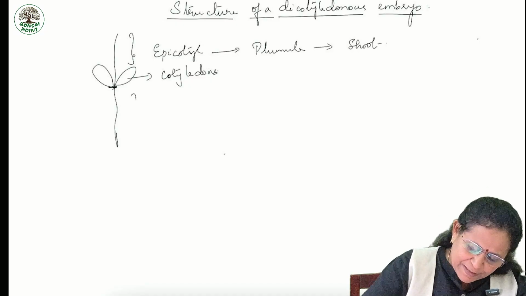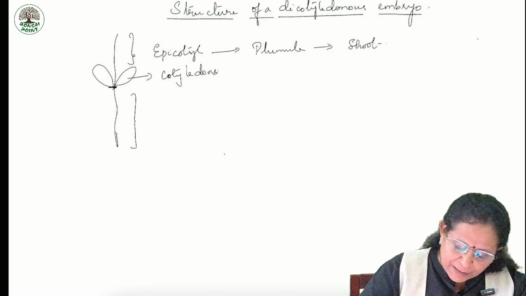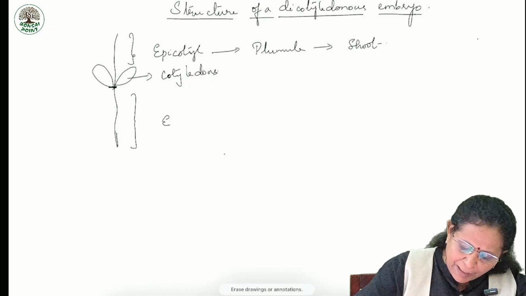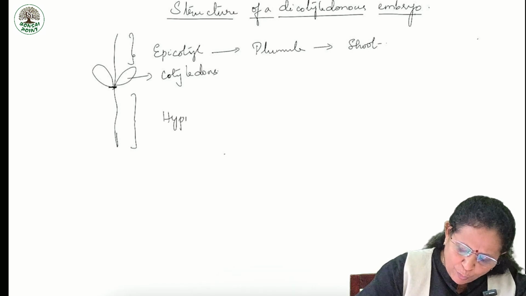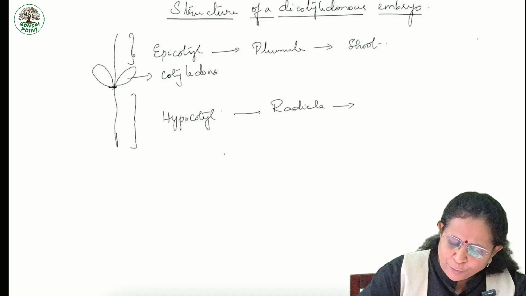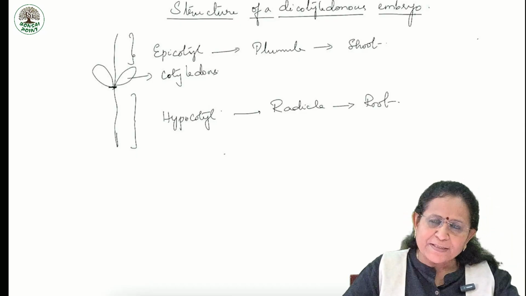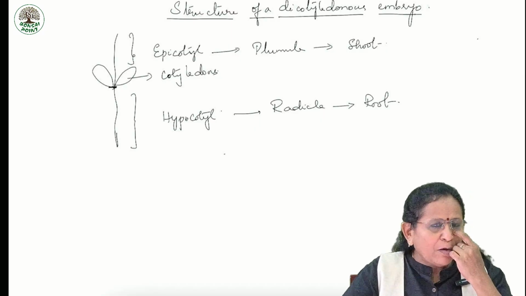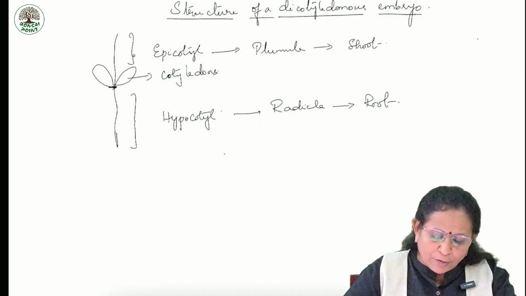Whereas the portion which is cylindrical below the level of cotyledon is called hypocotyl, and it terminates into radicle, which in future develops into root. Is it clear? Now, when you consider a dicot, there are two cotyledons.